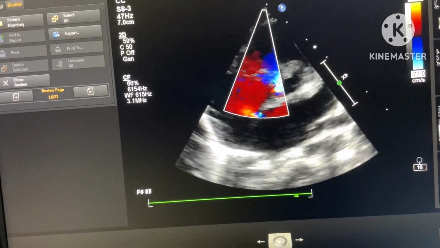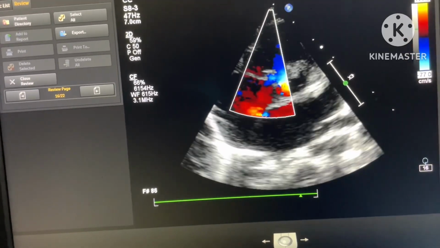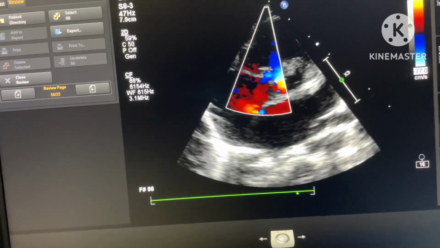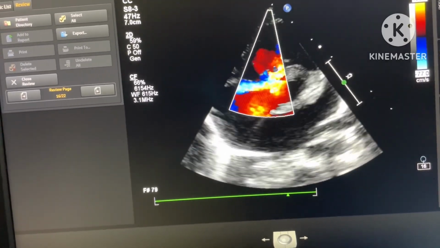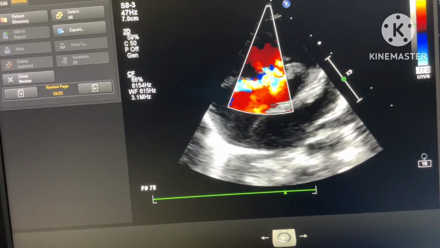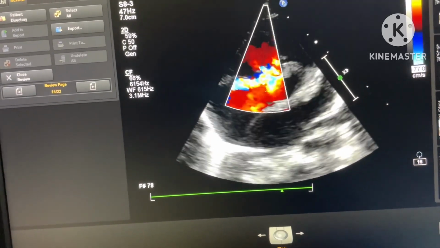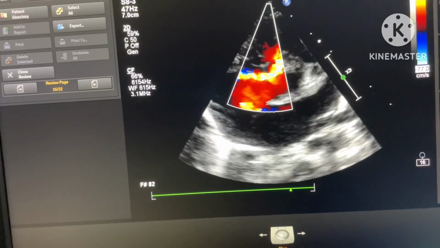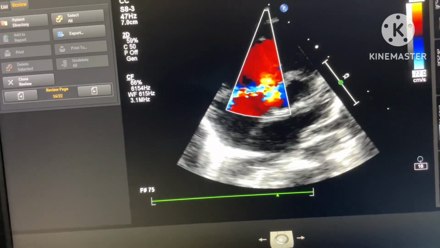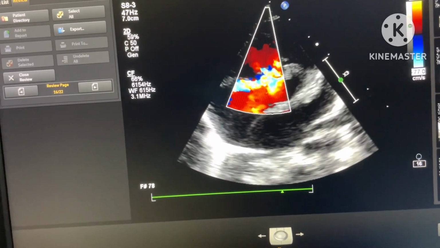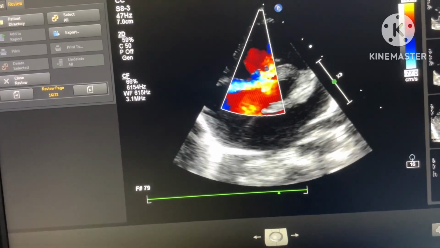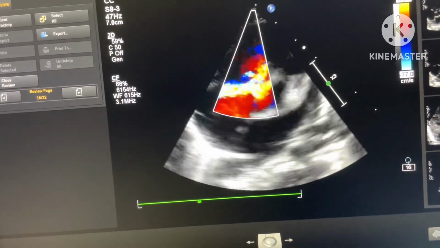No flow is there, flow is there. That means flow is not present throughout the cardiac cycle, not present during both systole and diastole. So this is VSD and Gerbode defect, not coronary artery to right atrium fistula. That is the point to remember in this case.